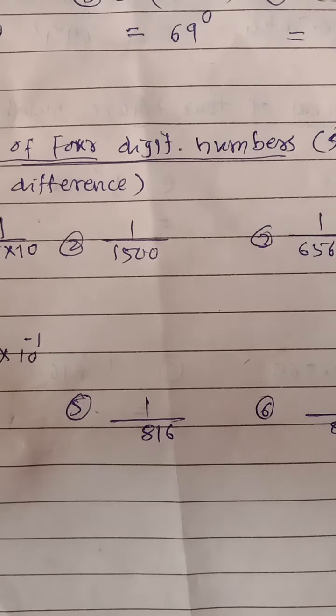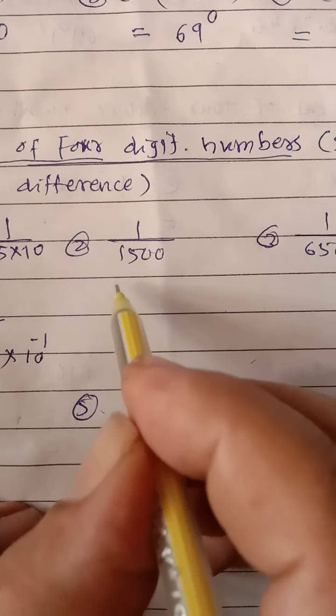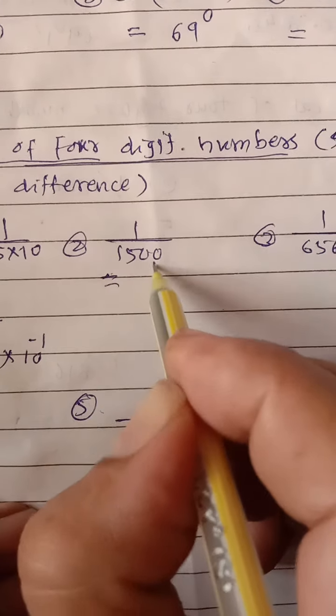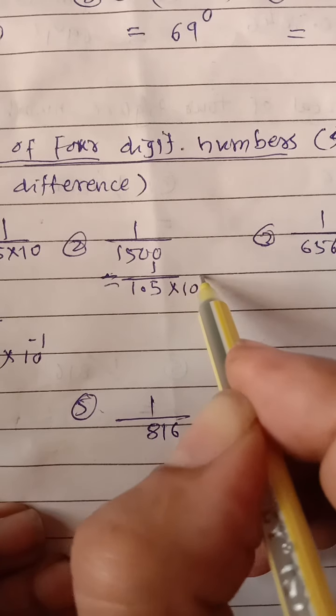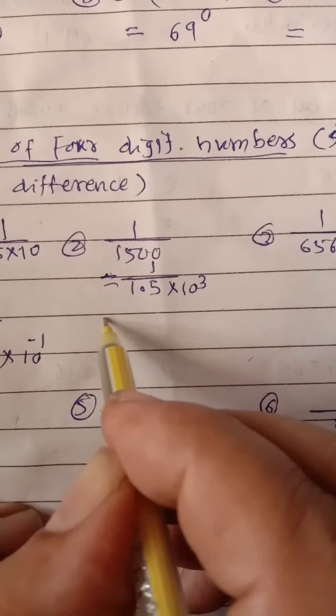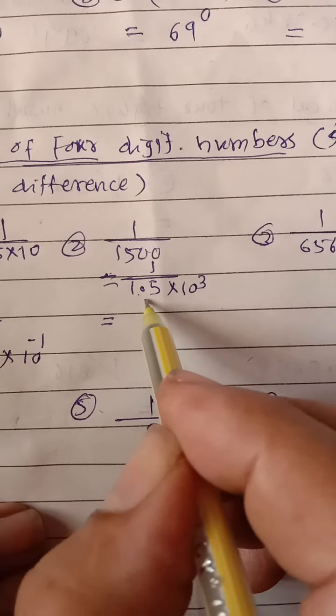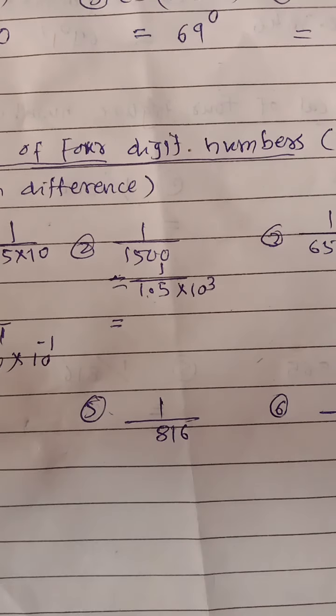Similarly, in the second case, it is 1 upon 1500, which will be written as 1 upon 1.5 into 10 raised to 3. That means we have to find out the reciprocal of 1.5, and into 10 raised to -3 will be there.